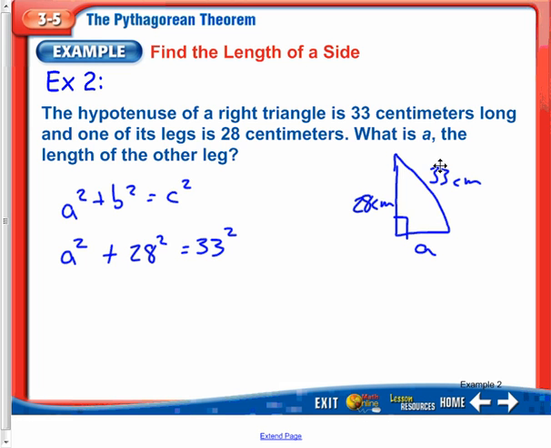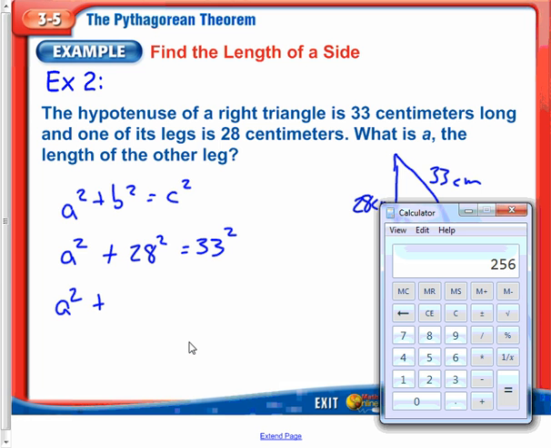Always keep in mind that the longest side of the right triangle is always the hypotenuse. So whether it told us that or not, please don't mix these numbers up. The hypotenuse is always the longest number of a right triangle. So going to work this out, we're going to have A squared plus, and I'll go to my calculator for 28 squared.